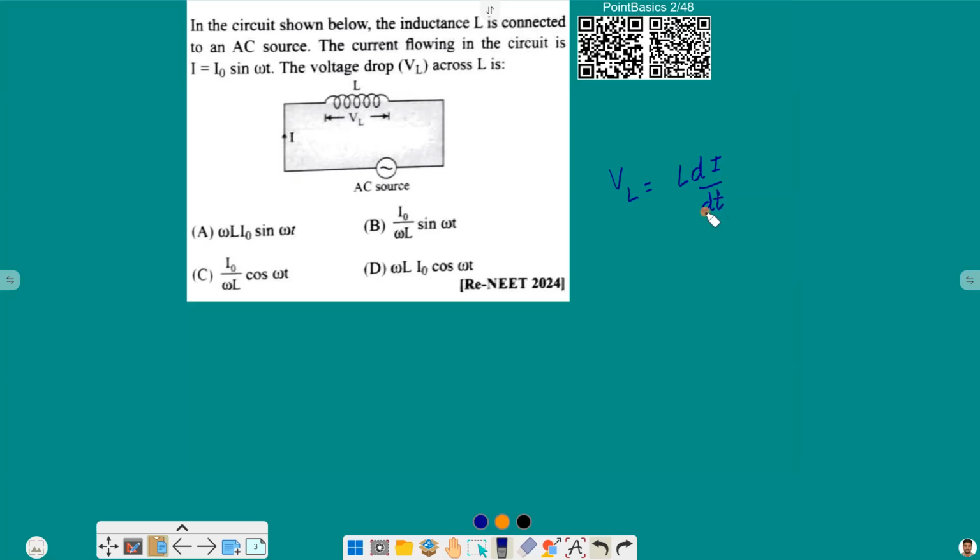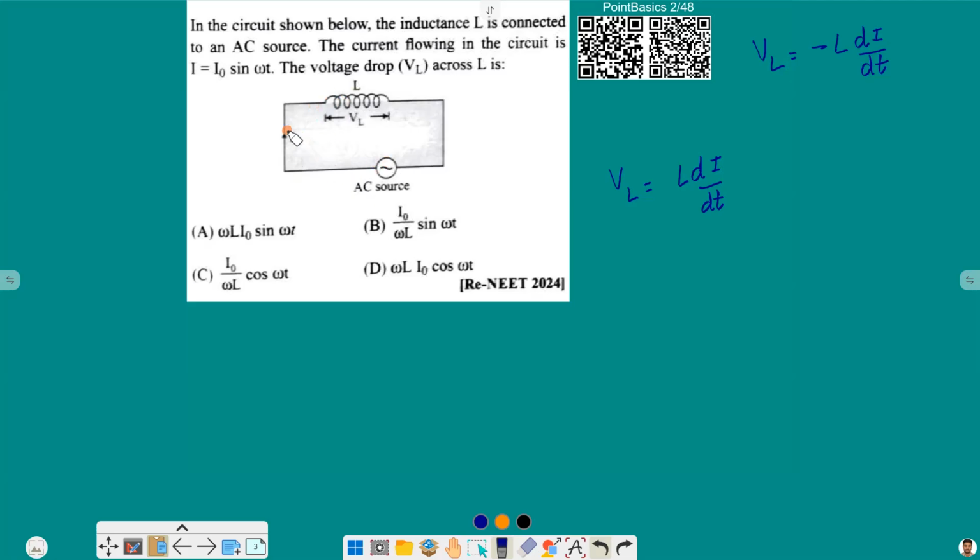Now there is a small caveat here, that induced EMF across the inductor is given by minus L di by dt, and voltage drop will be positive of that, because that is the amount of voltage.